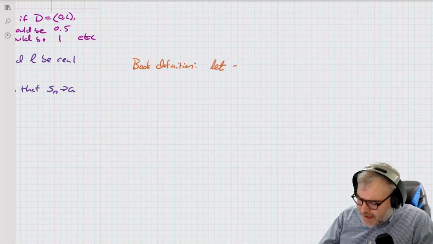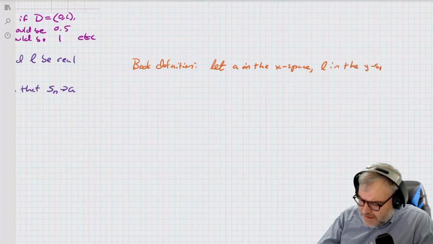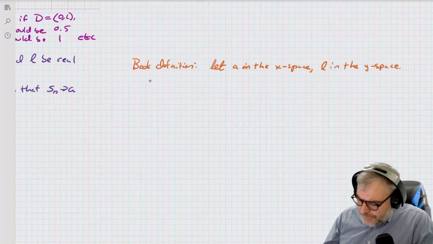Let A in the X space, L in the Y space, f a function.